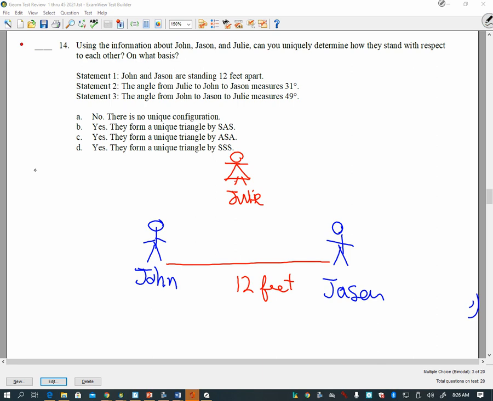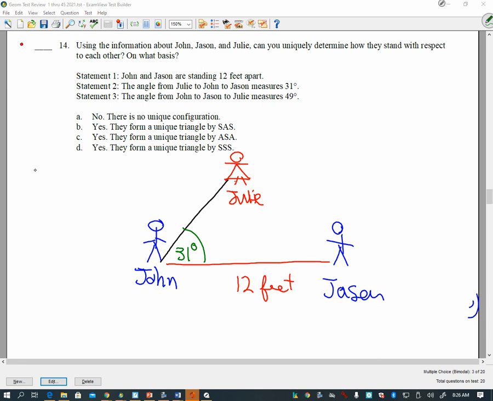Draw a line from her to John. Put 31 degrees, because from Julie to John to Jason, this angle right here is 31 degrees. Okay? Now what?